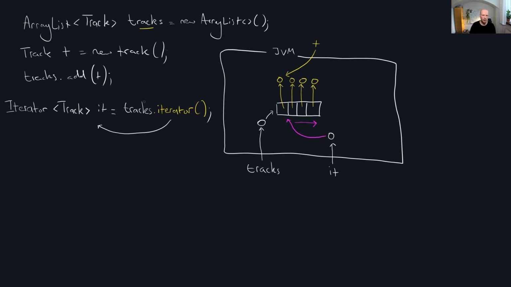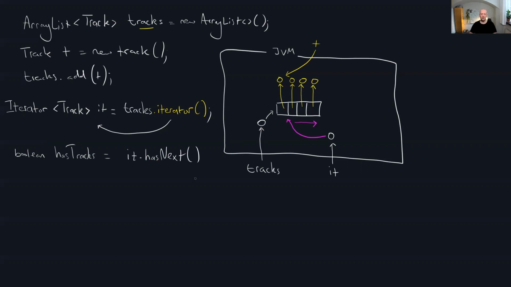So what we can do with this is ask questions. A simple question, if we want a true or false answer, is boolean hasTracks. I can answer that by saying, well, take my iterator and then say hasNext.